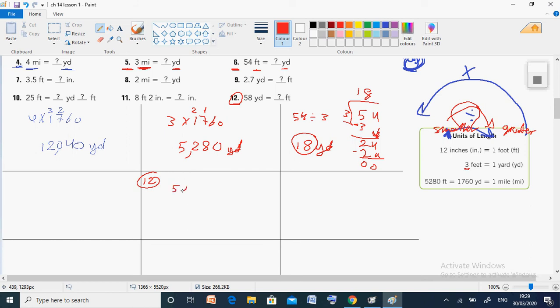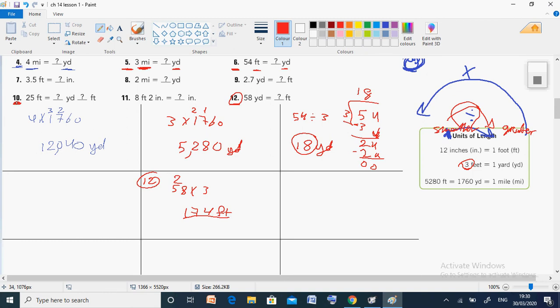So 58 times 3, from yard to feet we have to multiply by 3. So now 3 by 8 is what? 24. 3 by 5, 15, and 2, 17. So the answer is 174 feet. Okay, boys? So the answer is 174 feet.